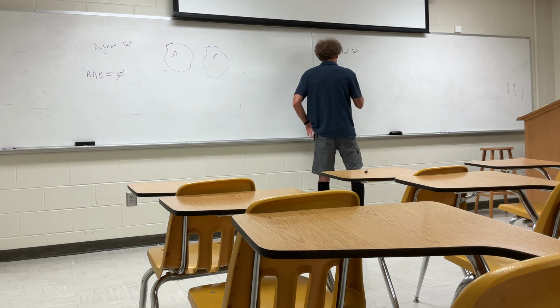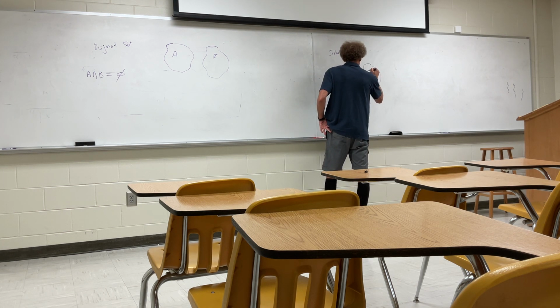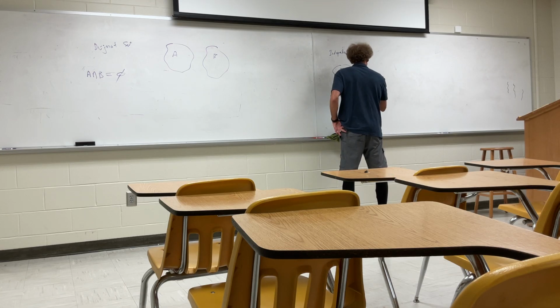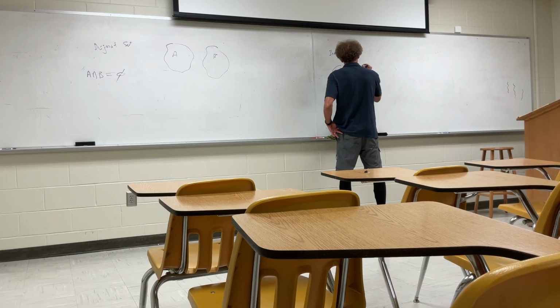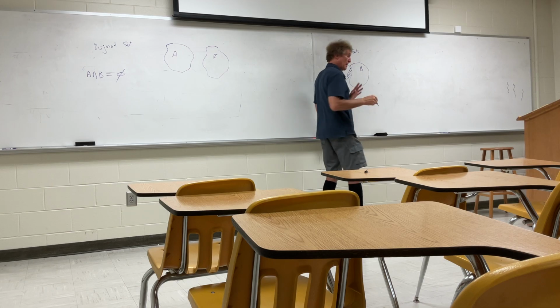So, independent sets, if you have A and B, well, matter of fact, let me do it this way, then I'll tell you what independent is. I'm going to do it this way on purpose. I'm going to say B's right here. Now, I'm showing you an area of overlap. Everybody with me?